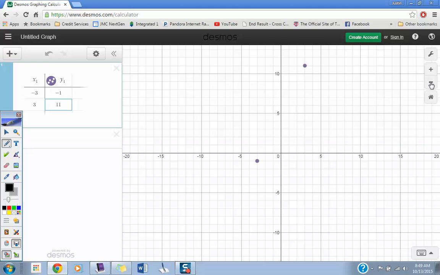There's my 2 points. Watch this. My rise distance is 12. My run distance, I count 1, 2, 3, 4, 5, 6. 12 over 6 again, right? What's 12 divided by 6? 2.